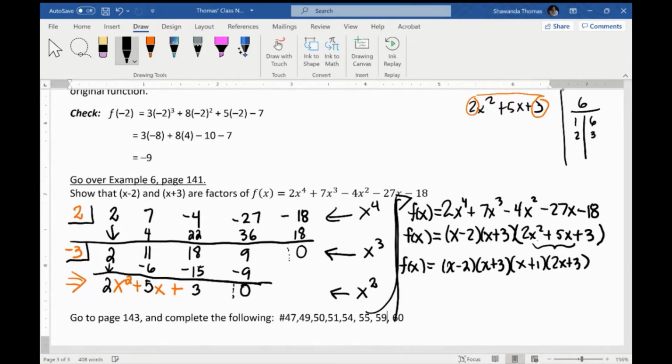What factors will multiply to give us positive 6, but add to give us 5? 2 and 3. Yep. So that's why we rewrite this as 4 terms, 2x squared. We expand the middle term, 5x, to 2x plus 3x, because that's what we got over here.